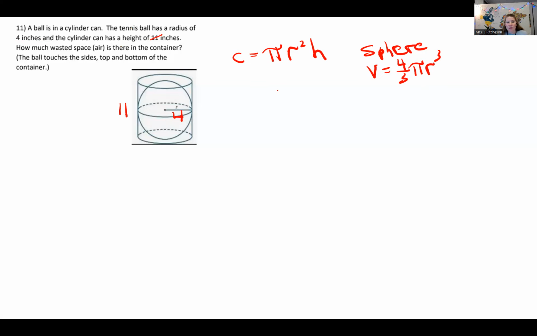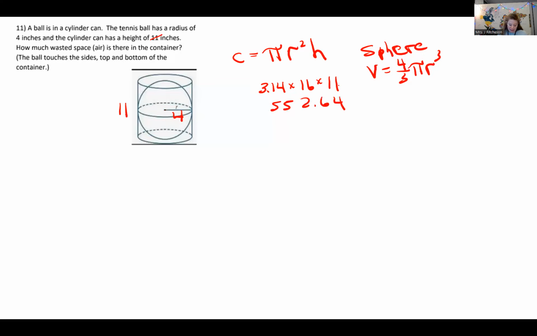So our volume for our cylinder is 3.14 times our radius squared. Our radius is 4, so 4 squared is 16. And the height of the can is 11. So if we put it in our calculator, I got 552.64.